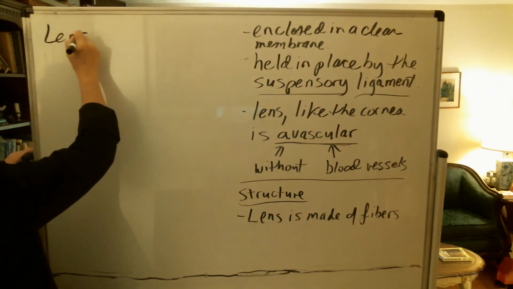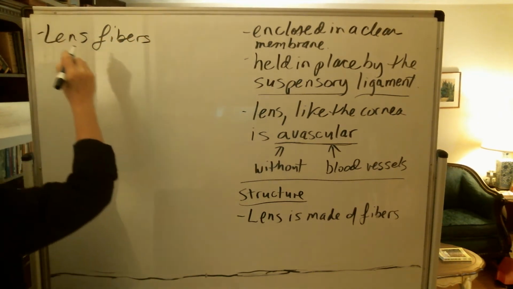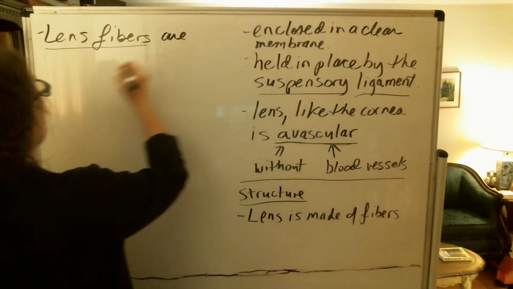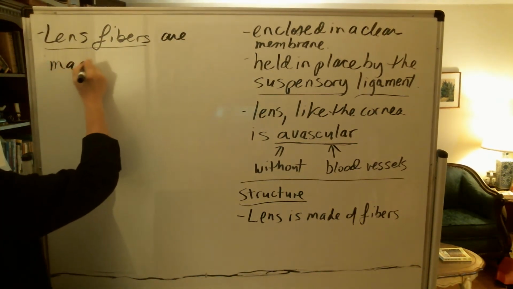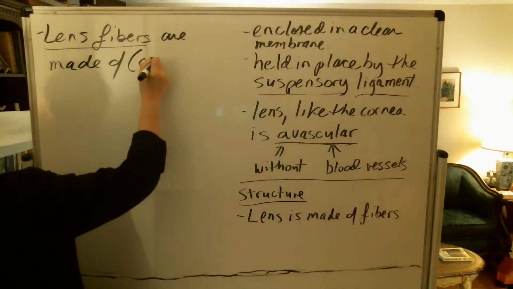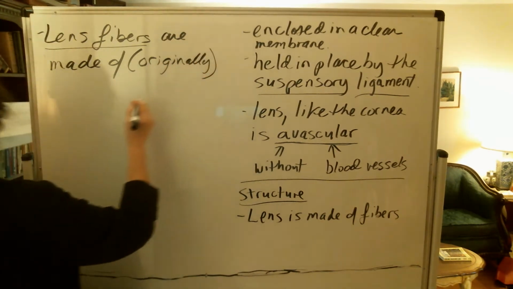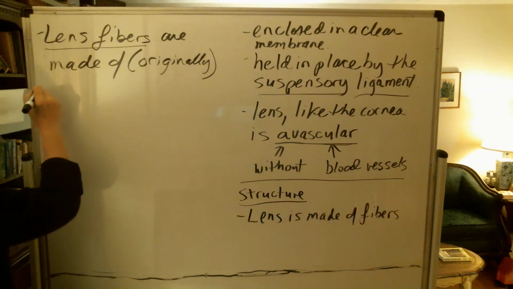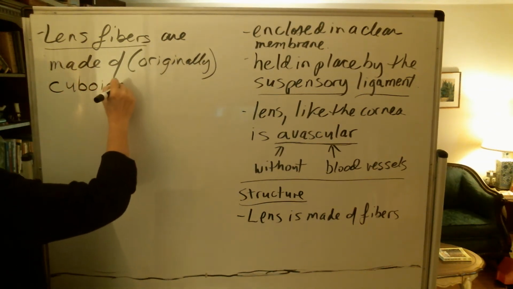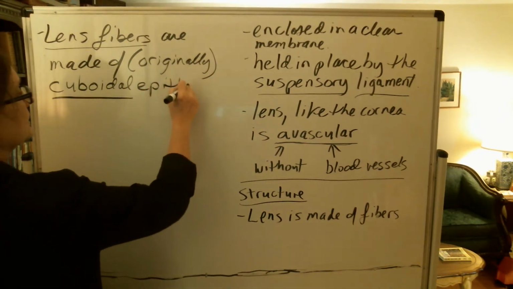And the lens fibers then are made of, originally, so the way that it all starts out, the lens fibers are made of cuboidal epithelium cells.